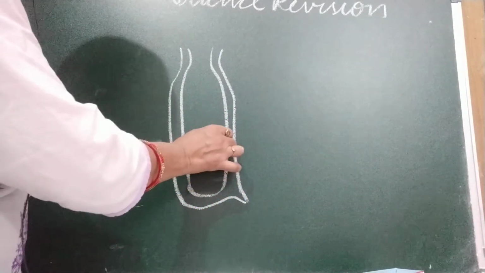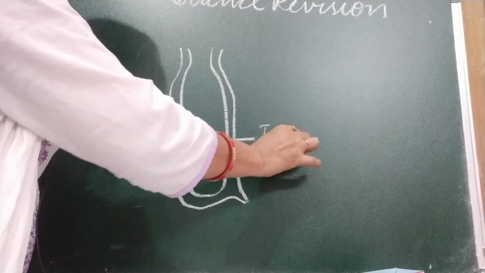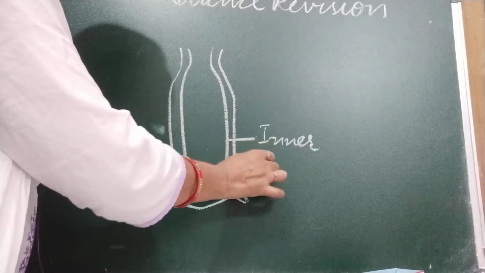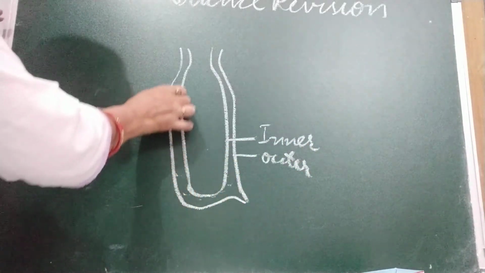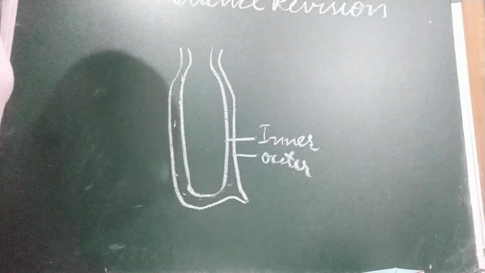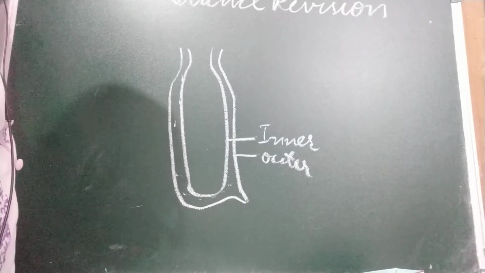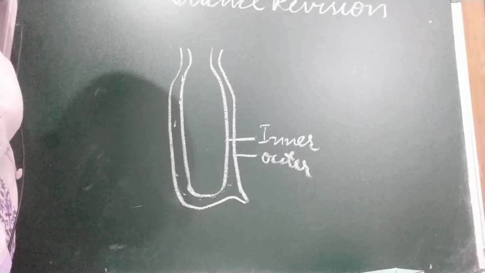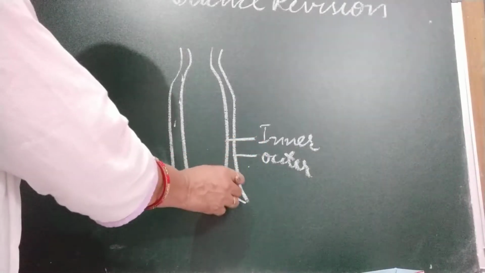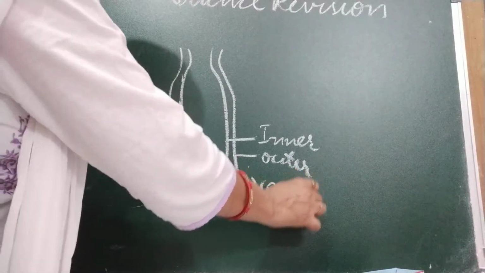This is the inner wall, this is the outer wall, and we remove the air from between them and create a vacuum here. The vacuum between the two glass walls of the thermos flask considerably reduces the flow of heat by conduction and convection.